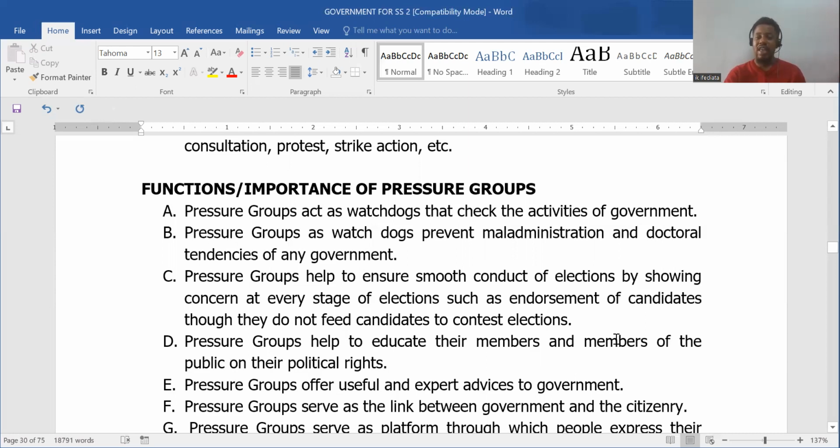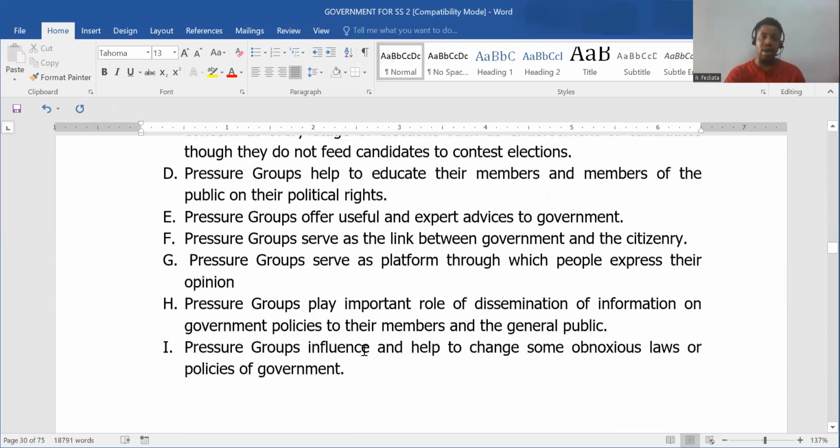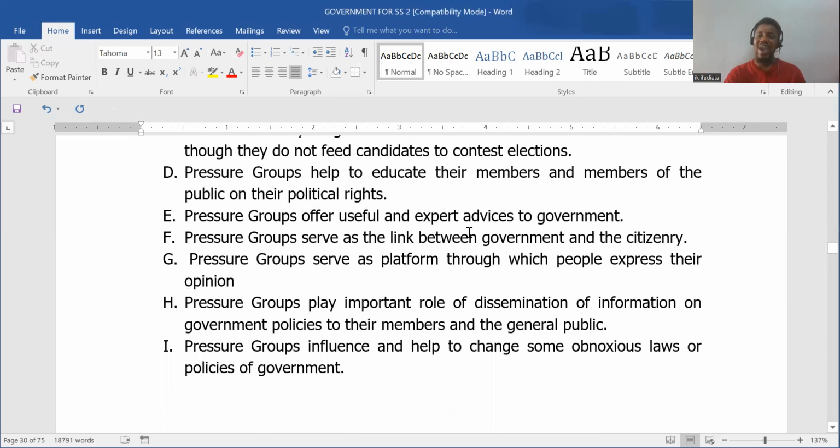They help to educate their members on public policies and whatsoever. Pressure groups offer useful expert advice to government because they know, for example, ASUU, they know more about the welfare of their staff, so they can offer government advice with regards to the welfare of lecturers. They can also be seen as the link or the bridge between government and the citizens.